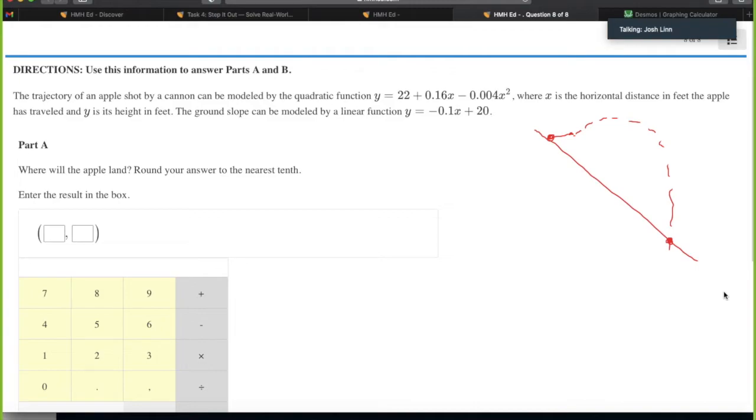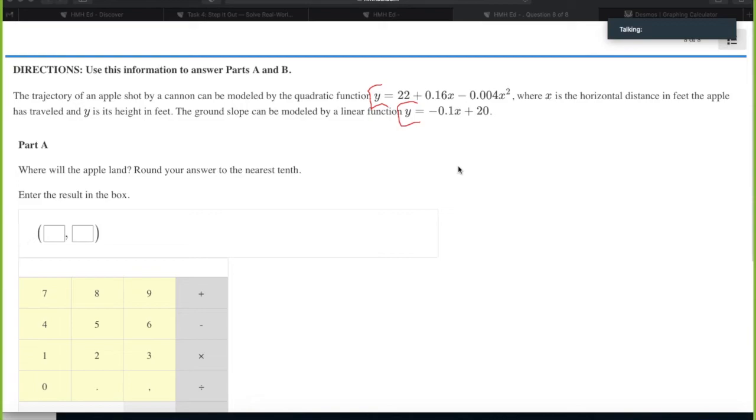So it's just a system of equations. So we need to figure out where they cross or solve the system of equations. So here we go. Obviously, our first equation is this guy right here, and then we've got that guy right there. So we've got y equals, and we've got another y equals, blah, blah, blah. I'm thinking not substitution.